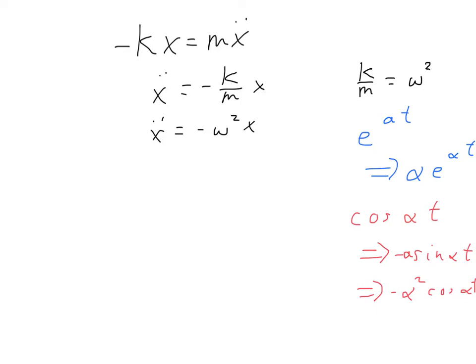So I can actually say that this broad sort of function will work, and without any real hard proving, I can say that the function of x as a function of time should have the form of cosine omega t. And to make it more general, I should also include this thing I will call the phase constant.